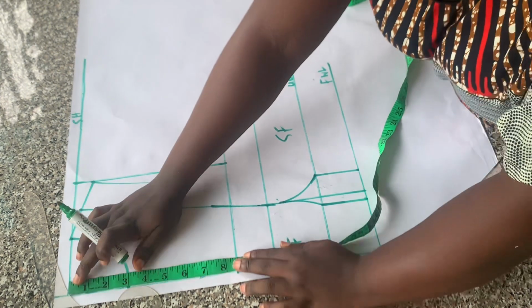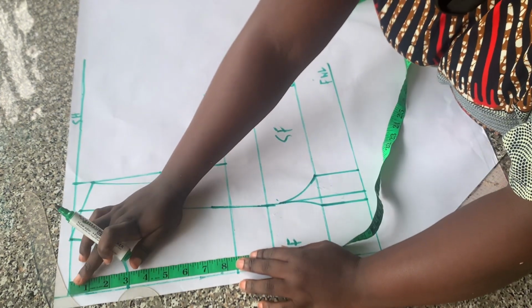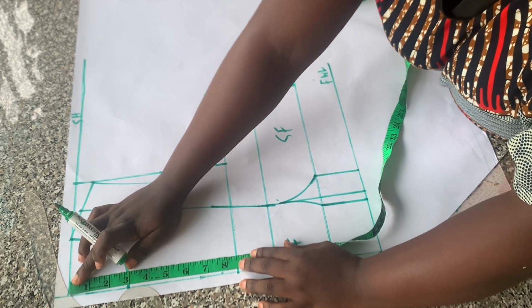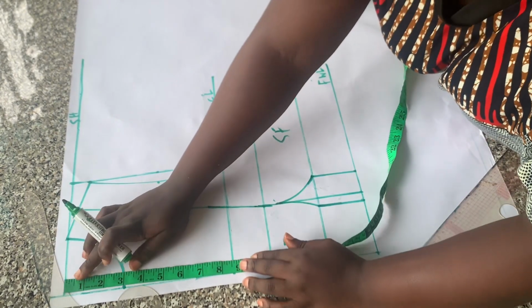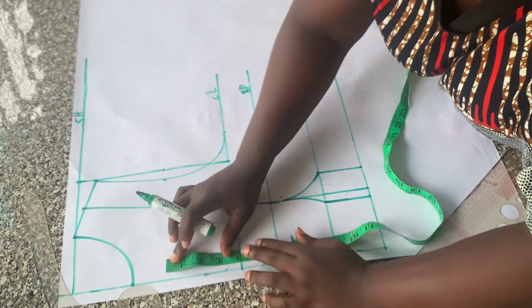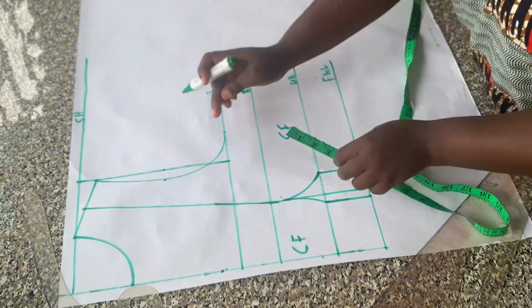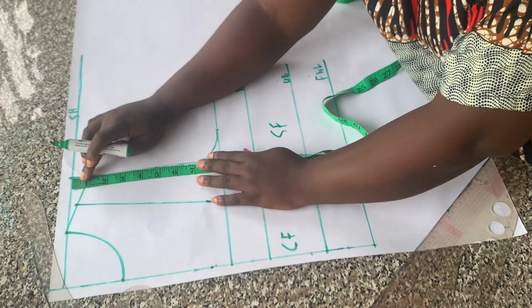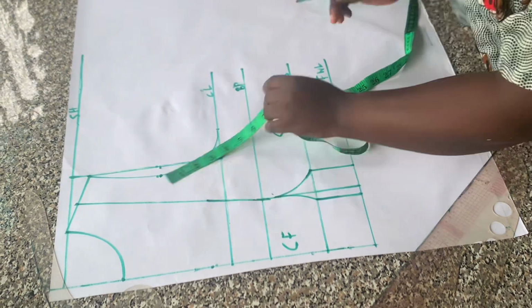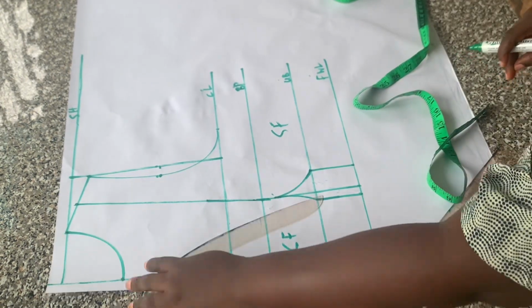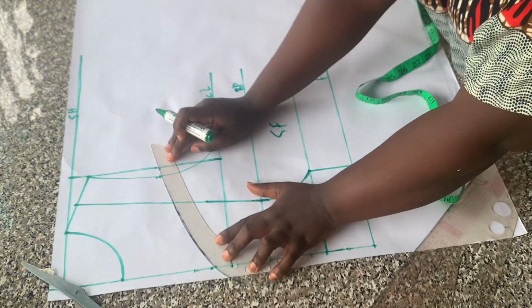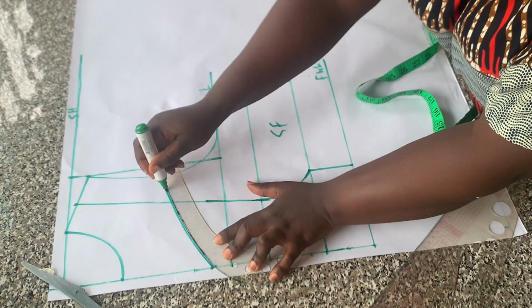You can decide to maintain the chest line or go below the chest line, depending on your preference. But for mine, what I did was to come up by 1 inch from the chest line. And on the armhole, I came down by 5 inches. Then I connected the 2 points together with my curve to form my sweetheart neckline.